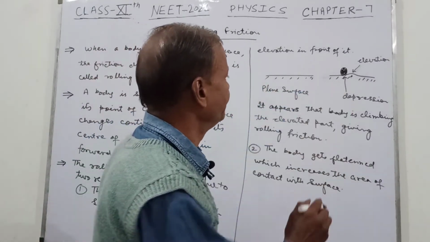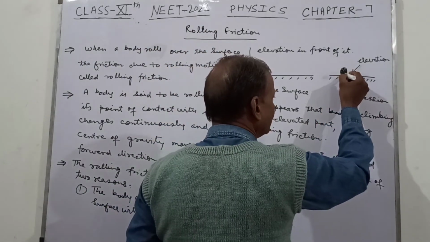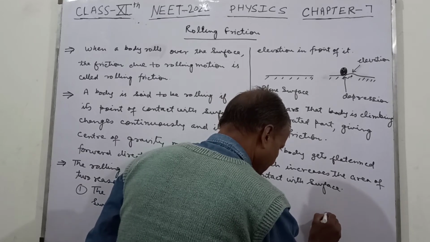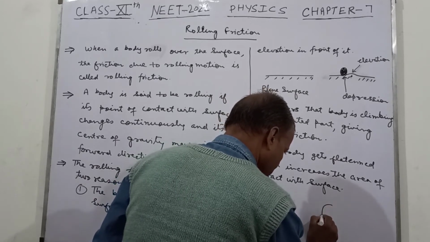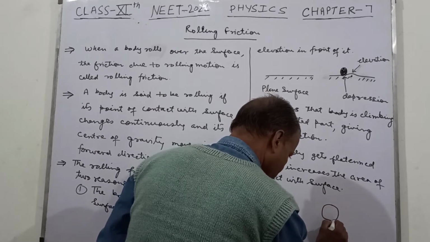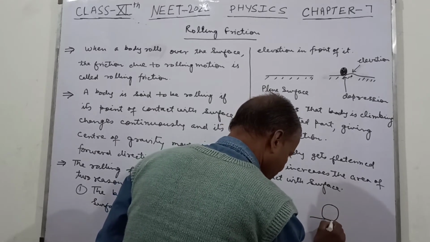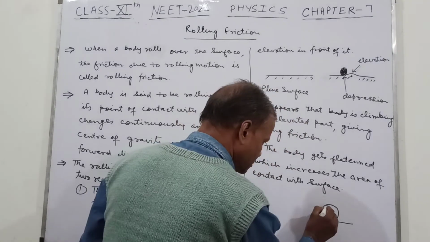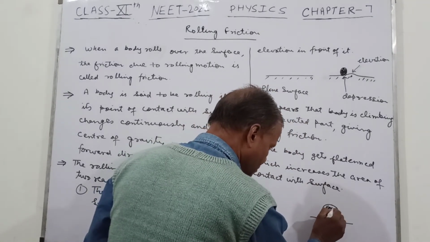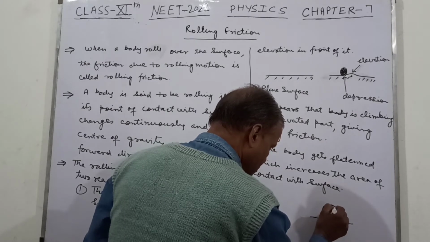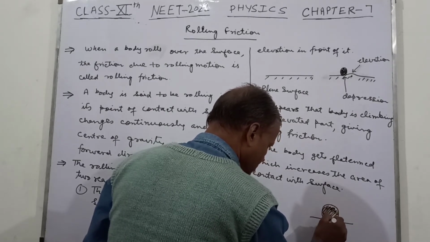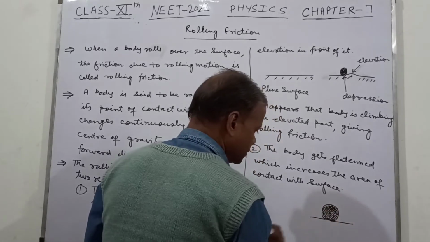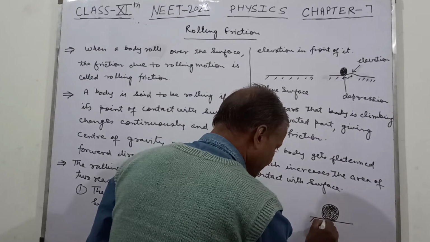So this is the body. Now suppose it is like this one. Now this area has been flattened so much. This is the body, this is the flattened area.